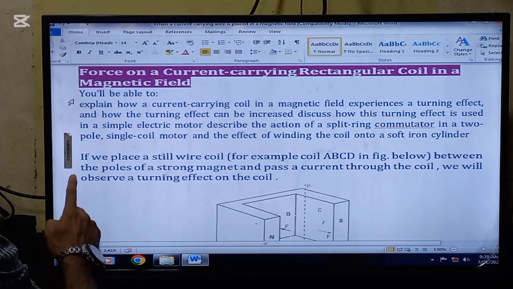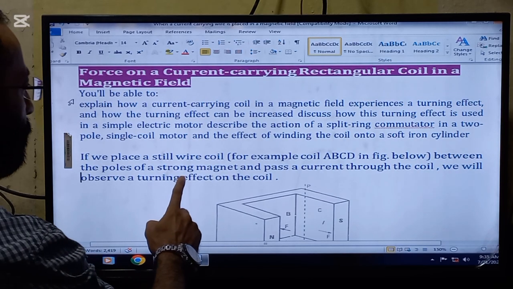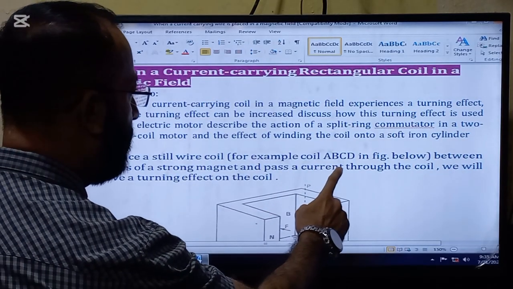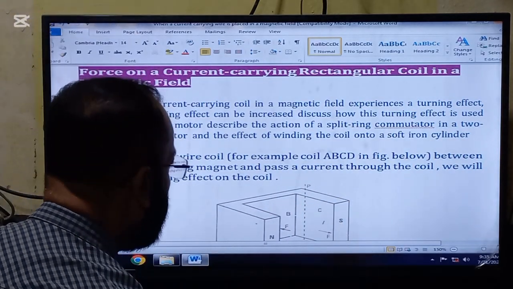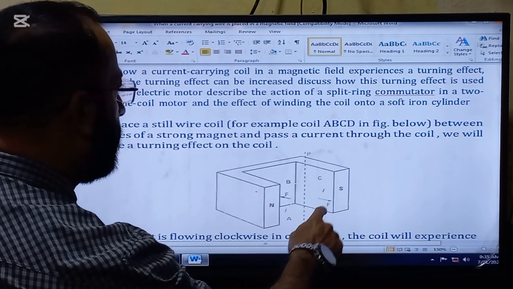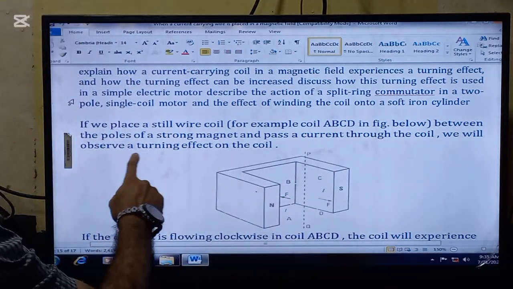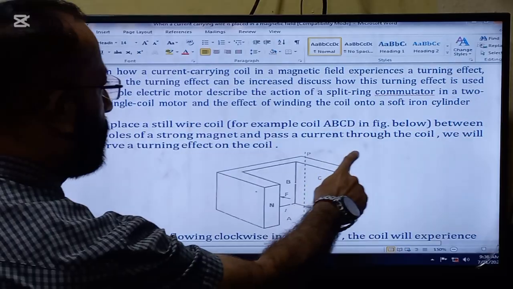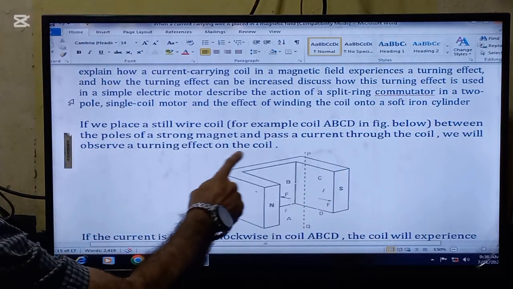Concentrate now. If we place a still wire coil, for example coil ABCD in the figure below, between the poles of a strong magnet and pass a current through the coil, we will observe a turning effect on the coil.